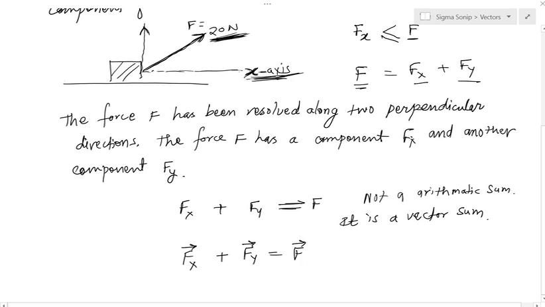So what it says is, if you add vector force Fx with vector force Fy, you get your original force back. Here we basically resolve the force into two components, and here we are putting them back together to get our original force back.